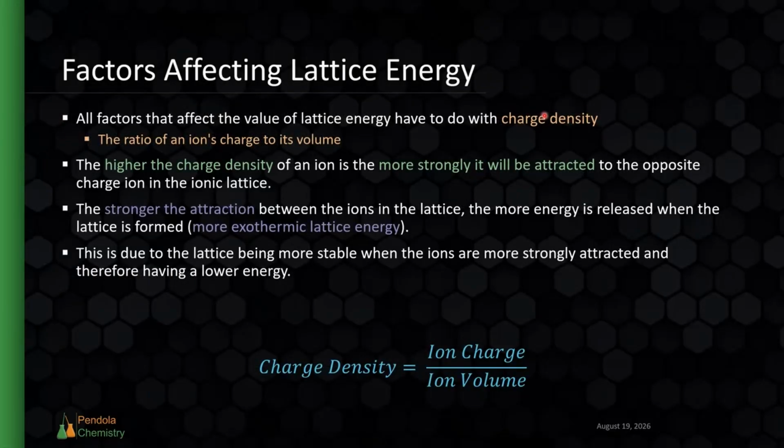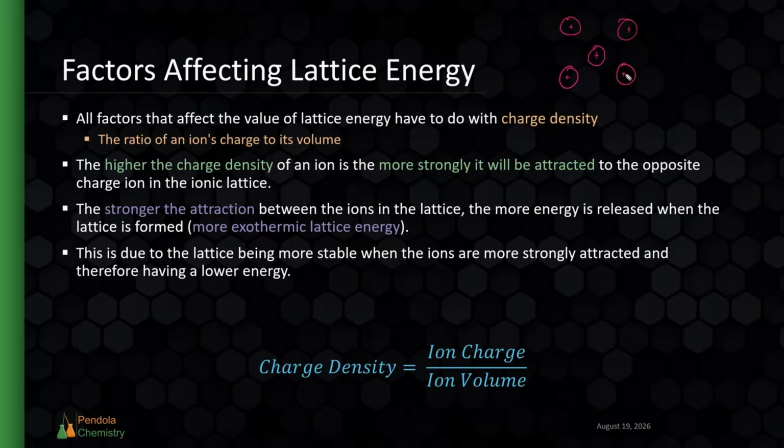All right, so let's look at this now. Now that we've done the math, we've gotten that out of the way, the very complex part. Let's talk about the theory behind lattice energy and what factors affect lattice energy. You have to remember that when we talk about lattice energy, we are talking about an ionic crystal. So because we're talking about an ionic crystal, we are talking about positive and negative ions that are alternating in a lattice and attracting each other magnetically.